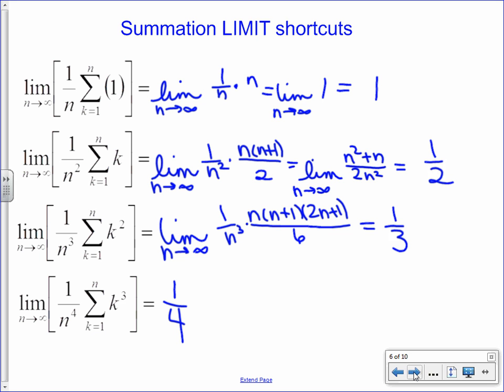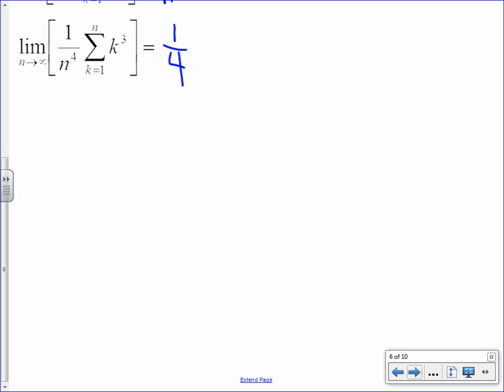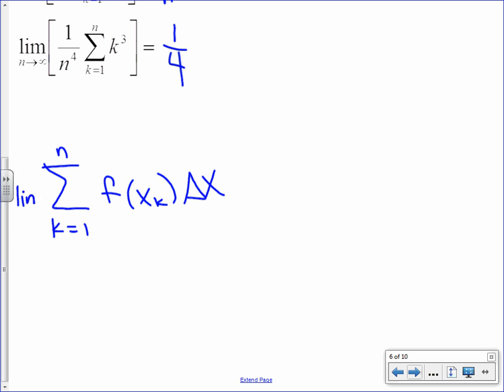So what we're going to do is sum up our rectangles and take the limit as n goes to infinity. So we're going to sum up an infinite number of infinitely small rectangles.